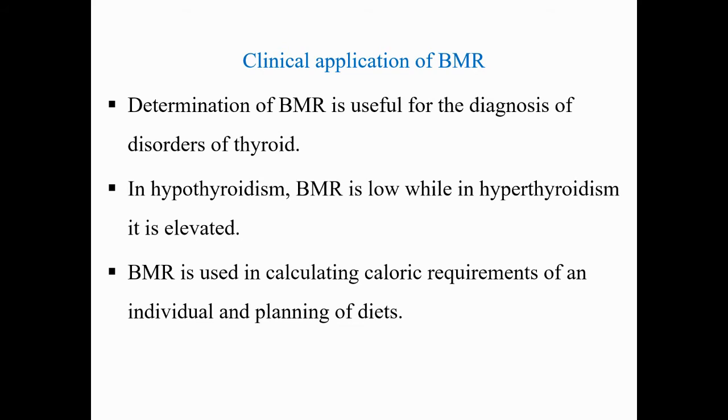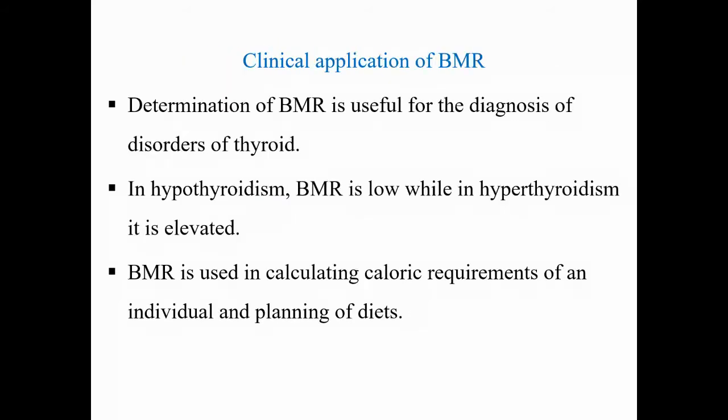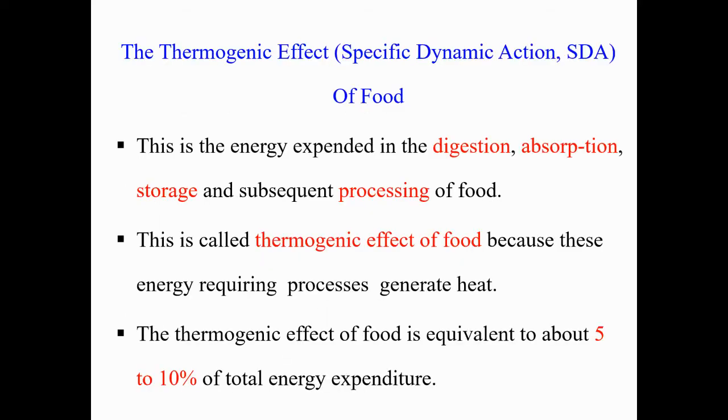During hypothyroidism BMR will be lowered, while in hyperthyroidism it is elevated because of the action of T3, T4 and TSH. BMR is also used in calculating the caloric requirements of an individual and planning diets. This is a clinical application of BMR.